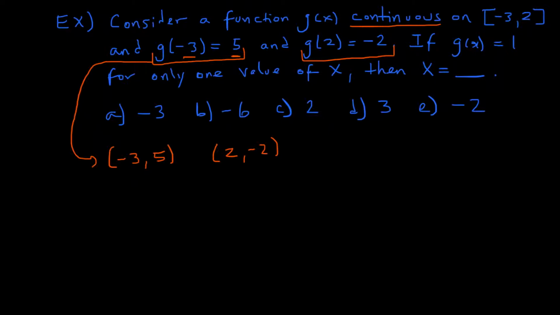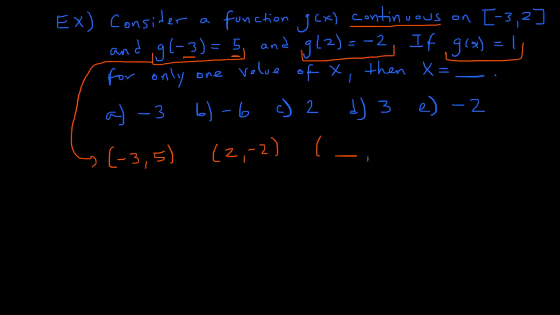So let's read the question one more time. Consider a function g of x continuous on -3, 2. And there's the point -3, 5 and the point 2, -2. Now the next part, g of x is equal to 1. What is that saying? That's saying you also have another point.